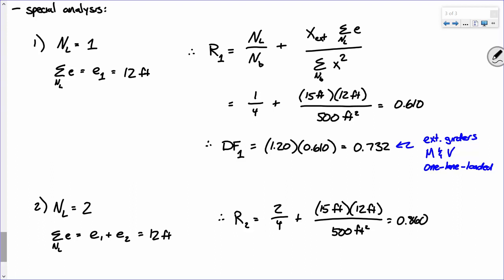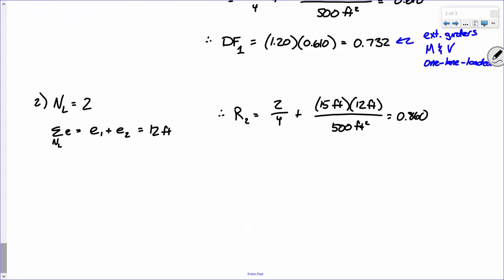Because the difference between the first one and the second one is we're only adding 1/4. So if you take that first one and add 0.25, that's what you should get. Sound good? All right, now, is that our distribution factor? Well, we compute our distribution factor by taking this and multiplying it times the appropriate multi-presence factor.